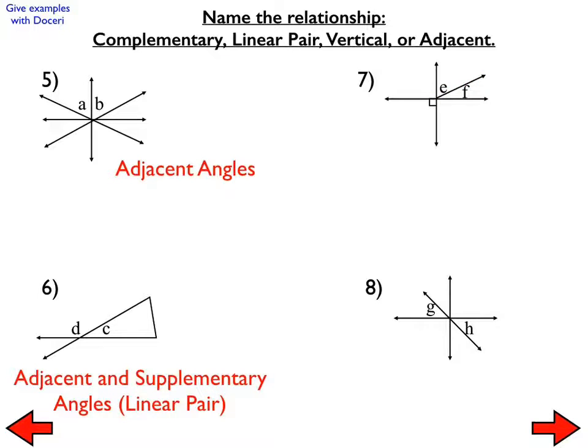So E plus F has to be 90. And what is that called when they equal 90 together? Complementary. And they're also right next to each other. So what are the two answers to this one? They're adjacent and complementary.